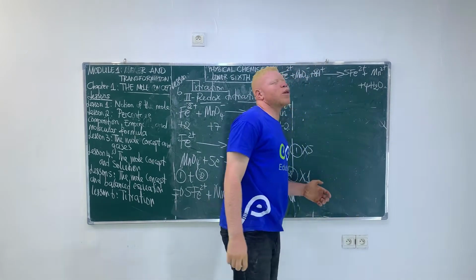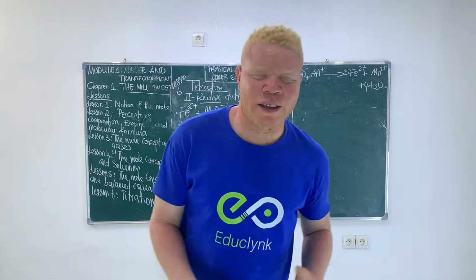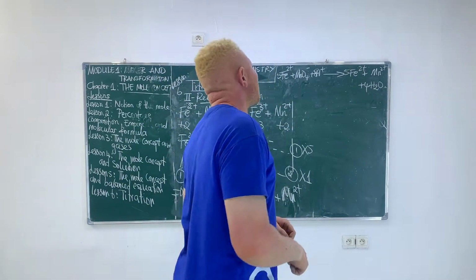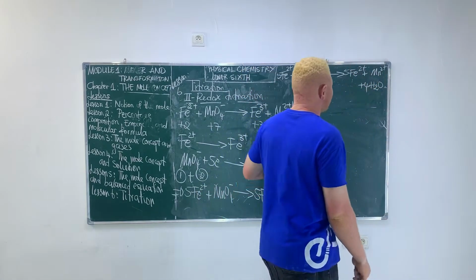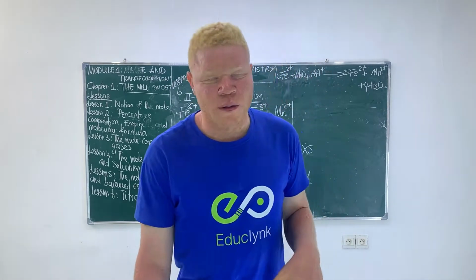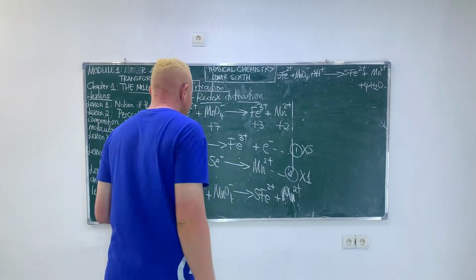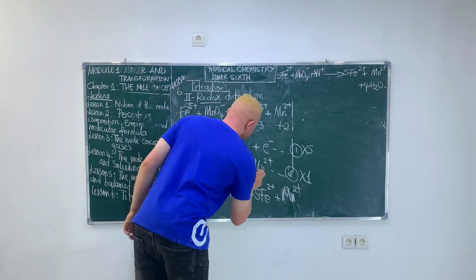From the balanced equation, we can apply the molar ratio, just as we apply for an acid-base reaction, but in this case we're going to use oxidant and reductant. The oxidizing agent is reduced; in this case it is the manganese ion, which is plus 7, reduced to plus 2.